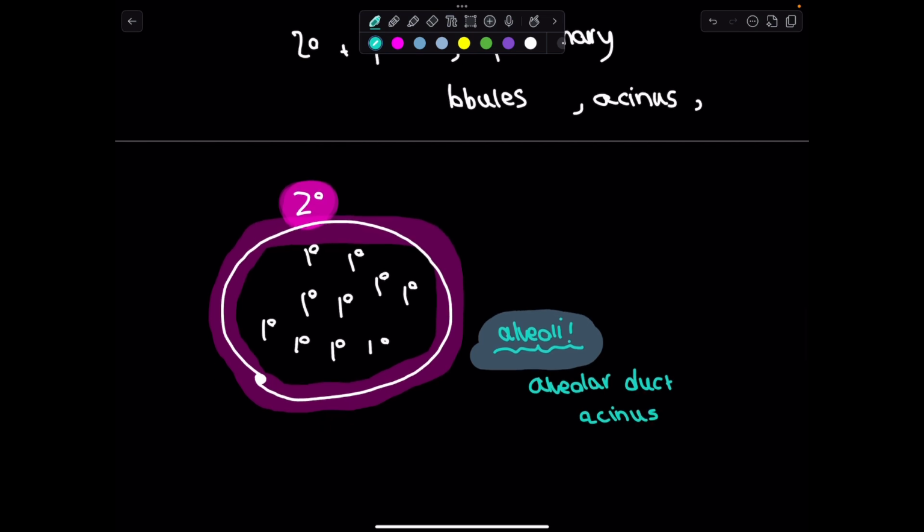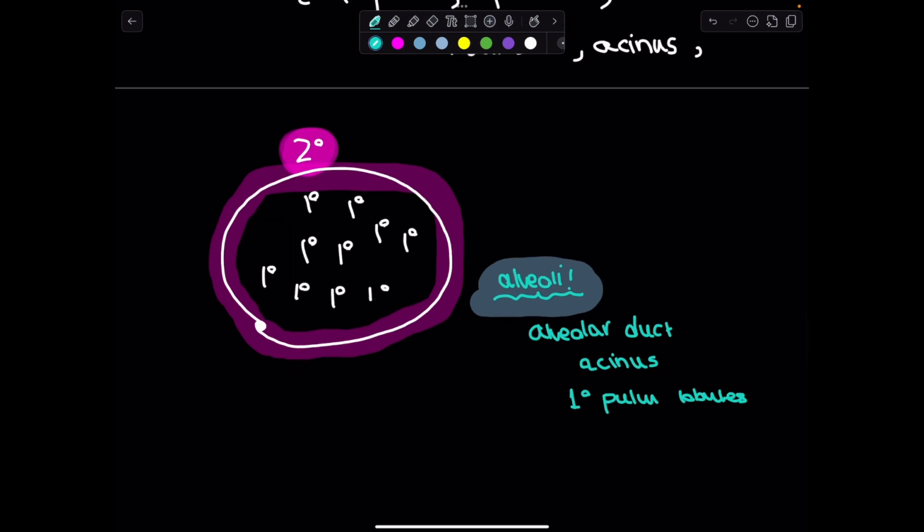It's the basic gas exchange unit, smaller than a primary lobule. Primary pulmonary lobule includes one or more acini, so respiratory bronchioles, alveolar ducts, alveoli, fed by a terminal bronchiole, smallest complete functional unit, microscopic, handles gas exchange locally.